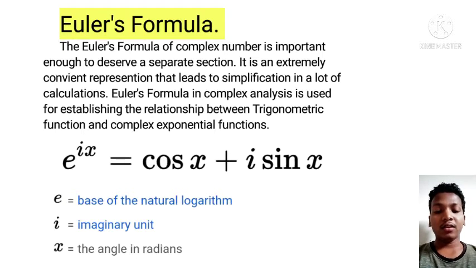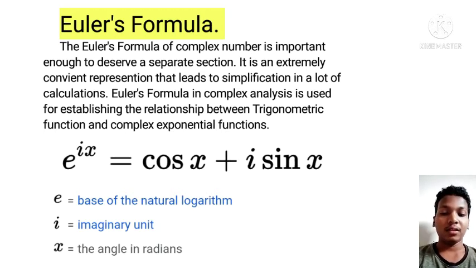The interpretation of this formula can be taken in the complex plane as a unit complex function, where e to the power i theta traces out the unit circle, and theta is a real number measuring the angle. This representation might seem confusing at first.